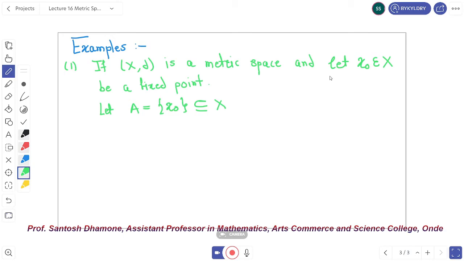Therefore d(x0, x0) is equal to 0, and the diameter of set A is equal to 0.